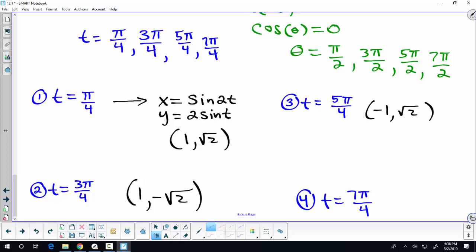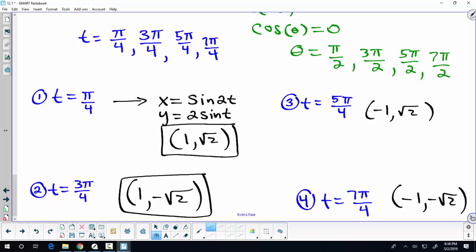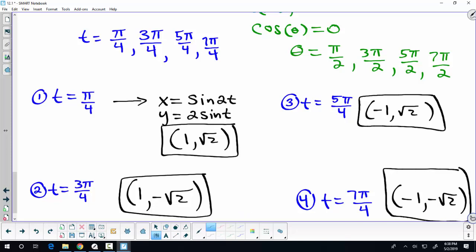And 7 pi over 4, negative 1, negative root 2. Those are vertical tangents. And those were the 4 points that we identified in green on the graph.